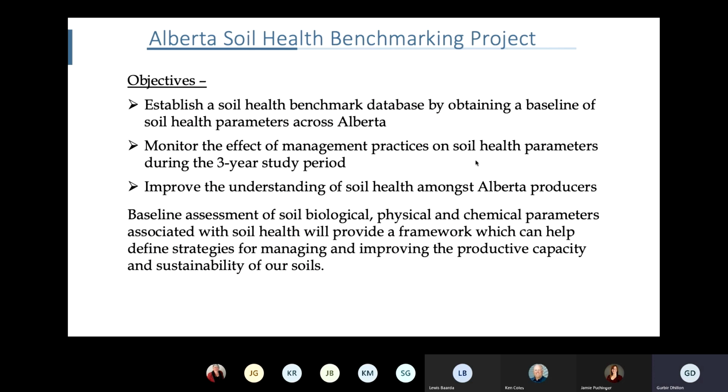This project will establish a soil health benchmark database for Alberta by obtaining a baseline of soil biological, physical, and chemical parameters associated with soil health across the province. The project will also monitor the effect of management practices on soil health parameters during the 3-year study period. One of the other objectives is also to improve the understanding of soil health parameters amongst the Alberta producers.